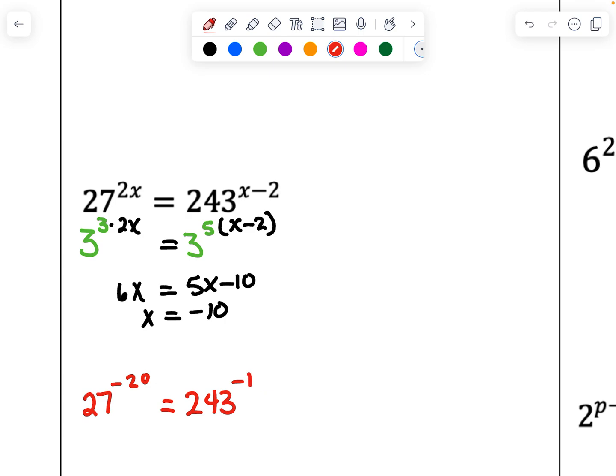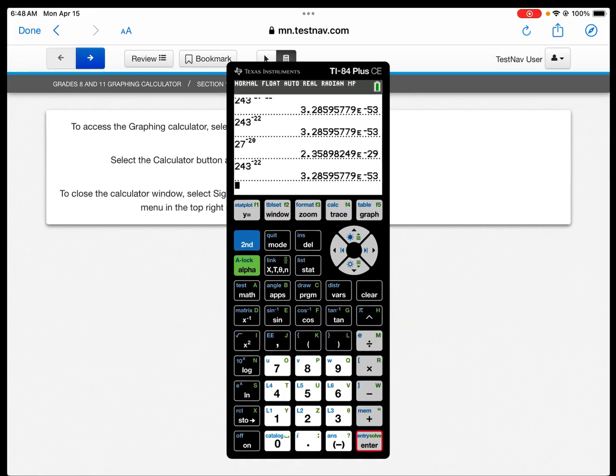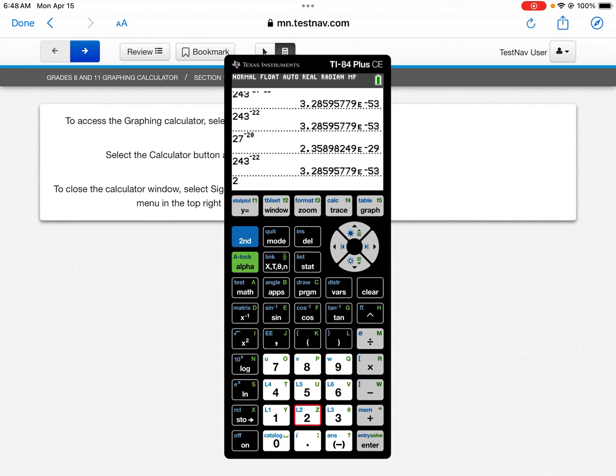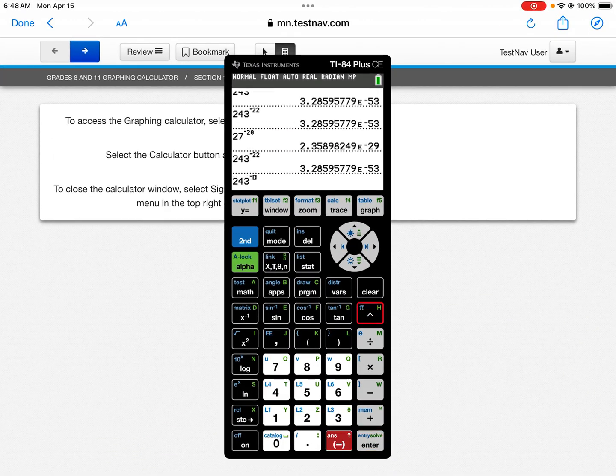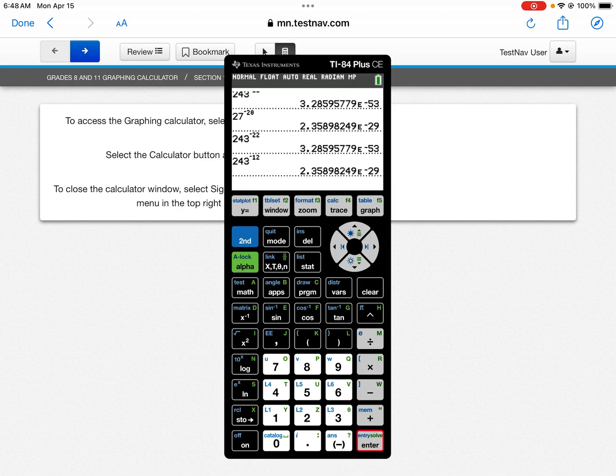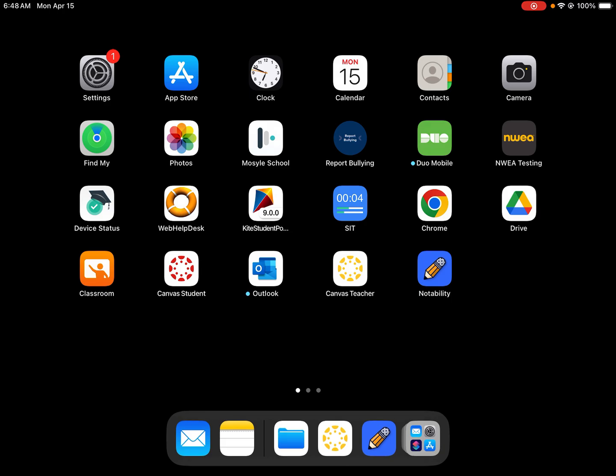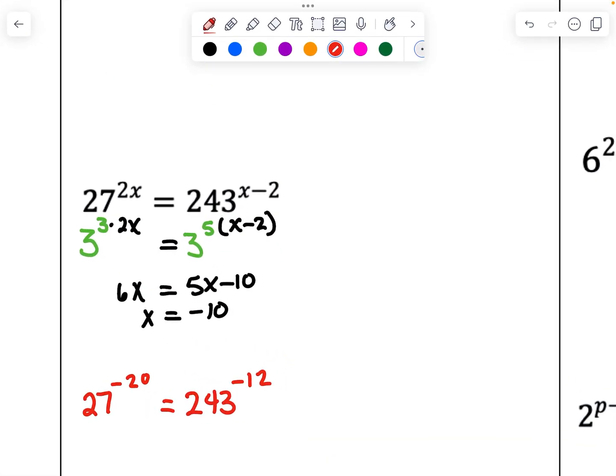It should be a negative 12. 243 to the negative 12. Yep, that's it. It works. Perhaps if I could do the basic math. Anyway, you can plug it in if you plug it in correctly to see if it works. So it did work. My bad.